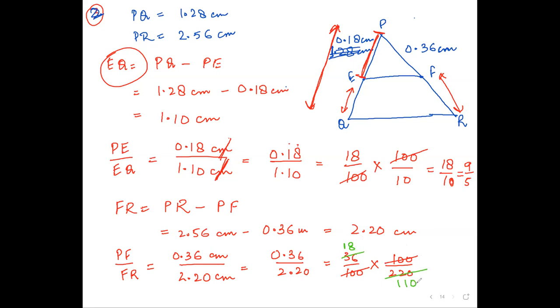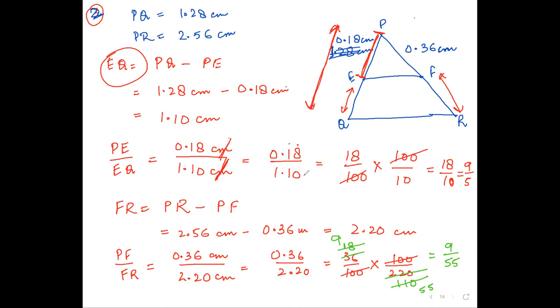Again, both are even numbers, so again you can reduce by 2. So 2 into 9 is 18 and 110. That means 2 into 5 is 10 and then 1 remaining, again 10. So 55 you are getting. Oh Sarah, one mistake we have done. 9 upon 55. I'm really sorry.